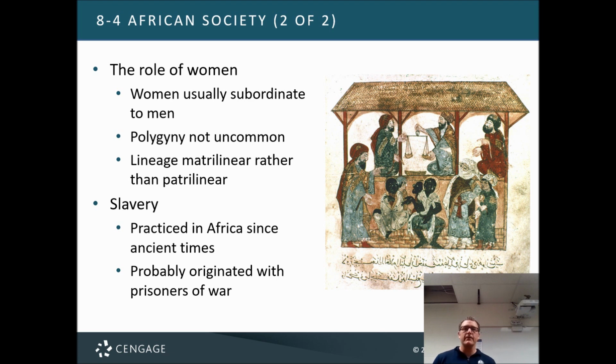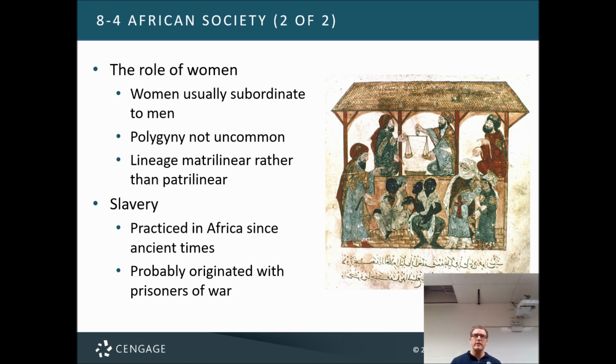In many African societies, the family history was traced matrilineally instead of by the father. So, for example, I carry my father's name, who carried his grandfather's name. In many African societies, it's quite the opposite. So that's one distinction. But for the most part, Africa is a very patriarchal society, much like the other parts of the world we've looked at this time.